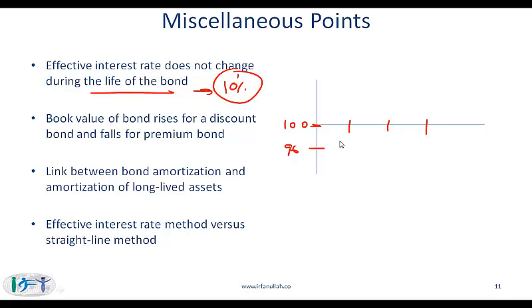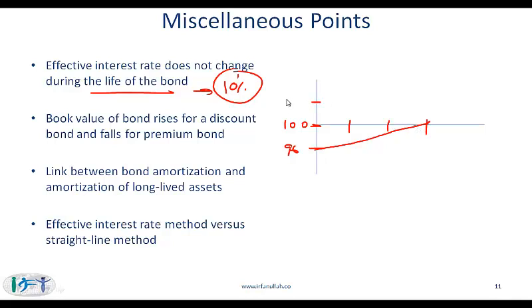So what will happen over a 3-year period? The value of the bond on my books, I being the company, will rise to 100. Why? Because I am amortizing, and at the end of 3 years, what's my liability? It is 100. So on my books, I will slowly increase the value so that ultimately the payable is 100.